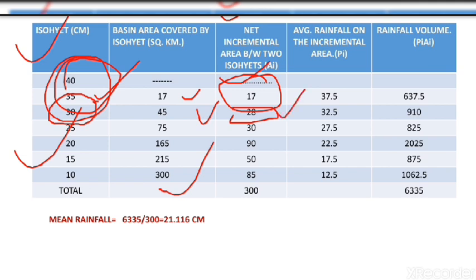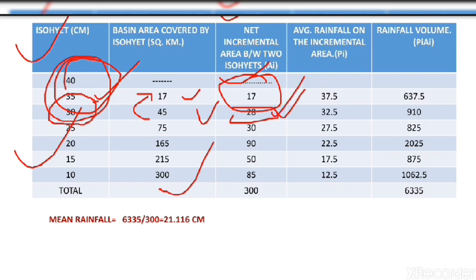How does it come? 28 is nothing but 45 minus 17, because 45 is the corresponding value plus previous value. So the net incremental area will be 45 minus the previous value. That means 45 minus 17, 28.